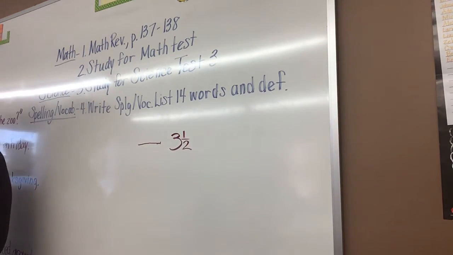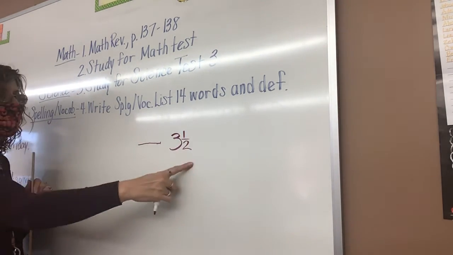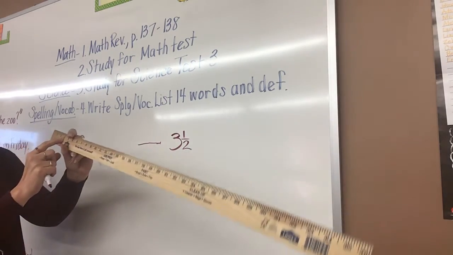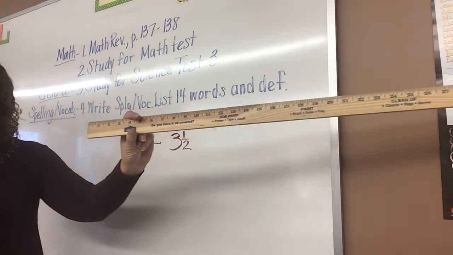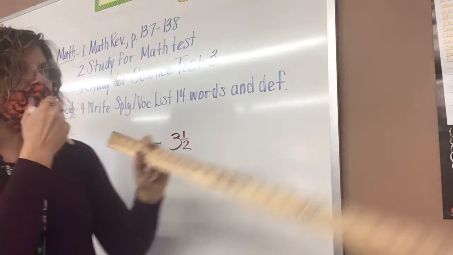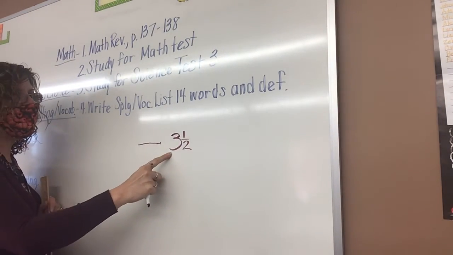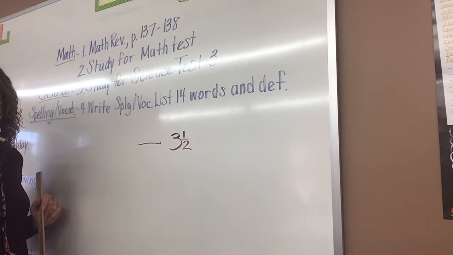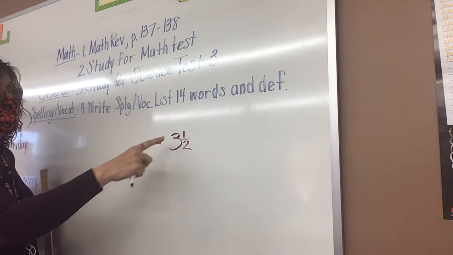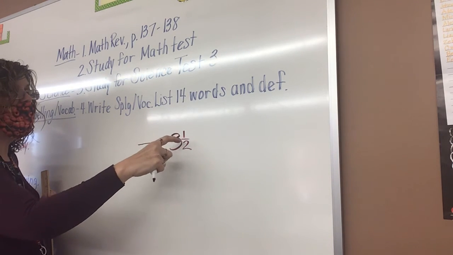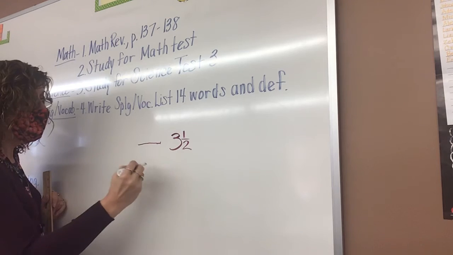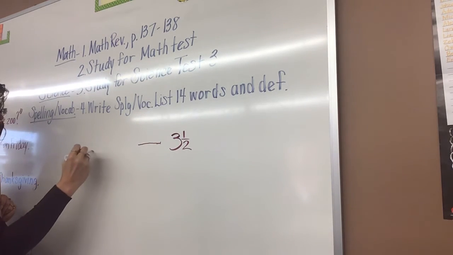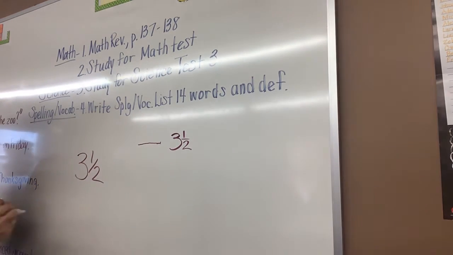That's how you would write that. 3 1/2. There were 3 whole inches, but it didn't quite make it 4, so that meant it was 3 1/2. Do you guys see how the 3 is written normal size? Are you looking? And the 1/2 is written small. You can also write it like this, 3 and 1/2 with a slanted line.